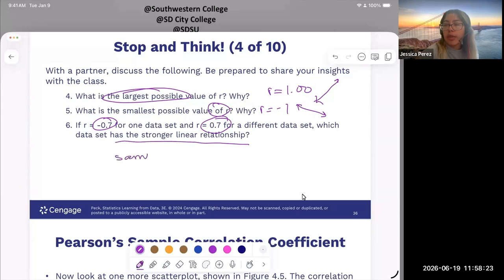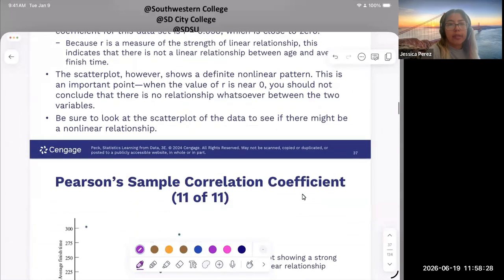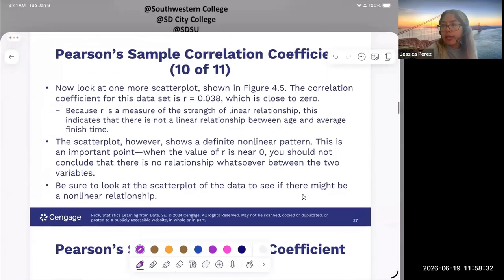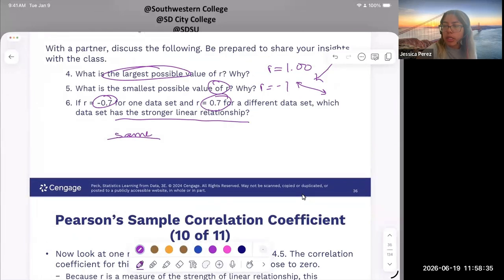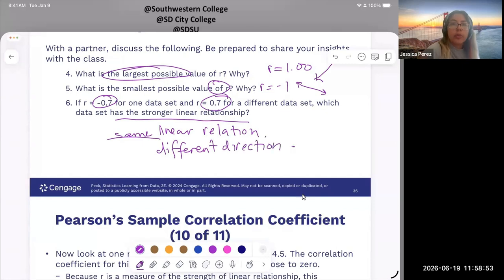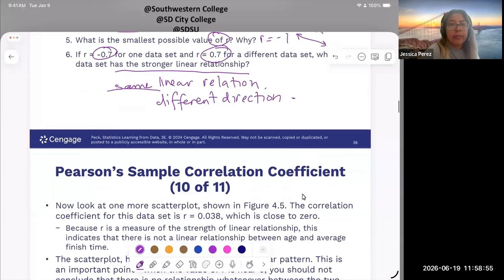Actually, they will have the same correlation. Why? Because of the absolute value. It's the same linear relationship, just a different direction. One is going to go upward, one is going to go downward, but the strength of the relationship is going to be the same.